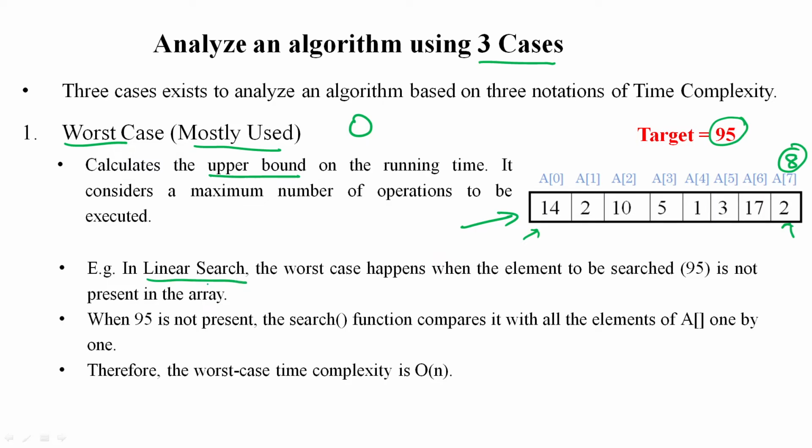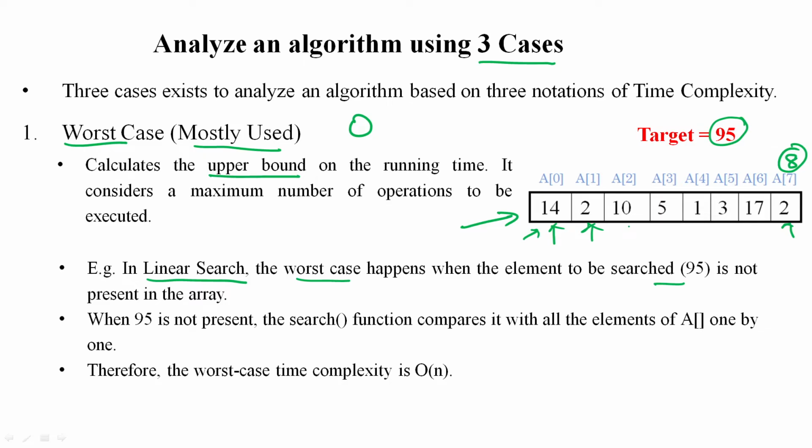So what will be the worst case time complexity? That means the maximum time consumed by the algorithm. When you are searching for 95, you just look here, 14 is not equal to 95, so then move to the next index.